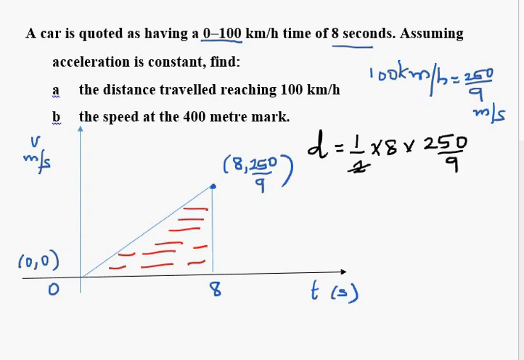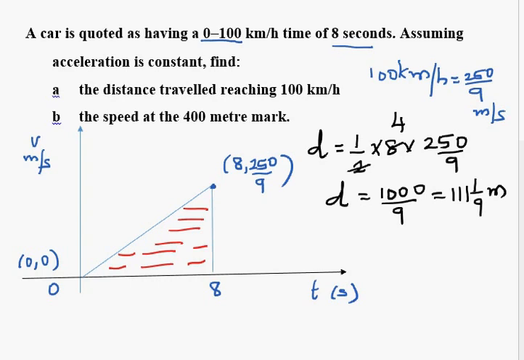So 2 goes in 8 4 times, so the distance traveled is 1000 on 9, and the answer given, you can check, is 111 and 1 on 9 meters to be exact. So it traveled 111 point something meters in 8 seconds when it attained the speed of 100 kilometers per hour.